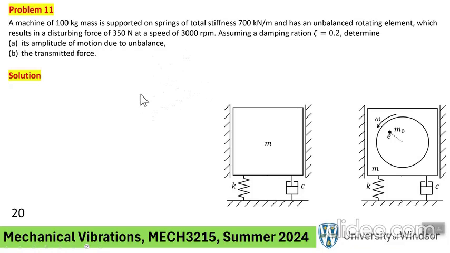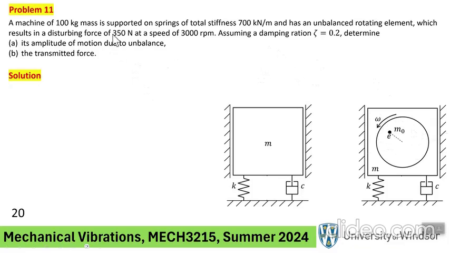Then we came back and derived the equation of unbalancing of a rotating mass, which came up with, again, the same left-hand side, m x double dot plus c x dot plus k x equal to the right-hand side, which is also of the form F naught sine omega t or F naught cosine omega t, but F naught has a very special form, and it was m naught times e, the eccentricity, times omega squared, or omega r squared, where omega or omega r is the rotational operating speed of this rotating component.